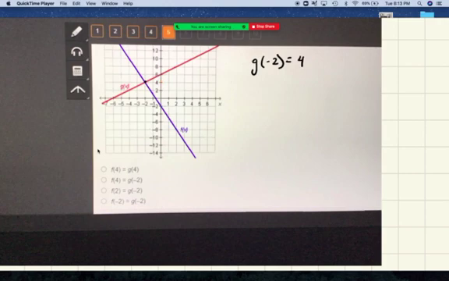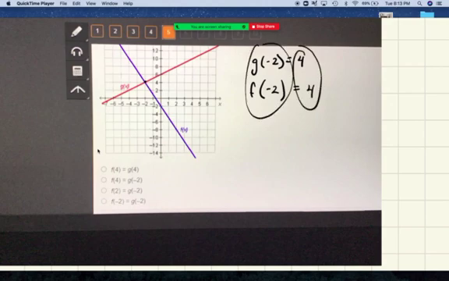And then f of -2, because that's where that line meets. So f of -2 also equals 4. And since they equal the same thing, that means they equal each other. So okay. Oh, simple.